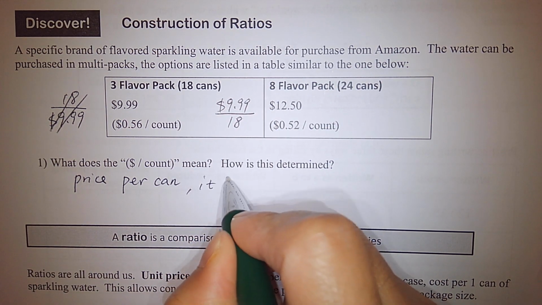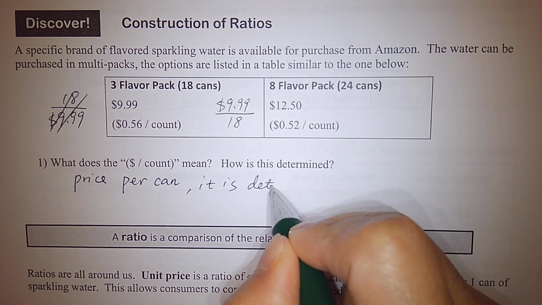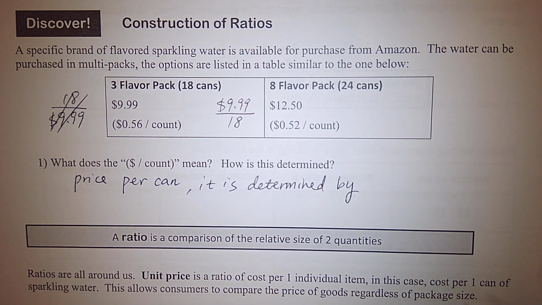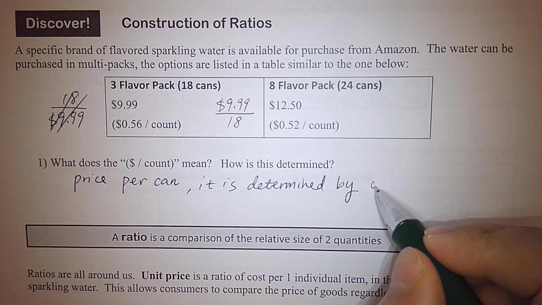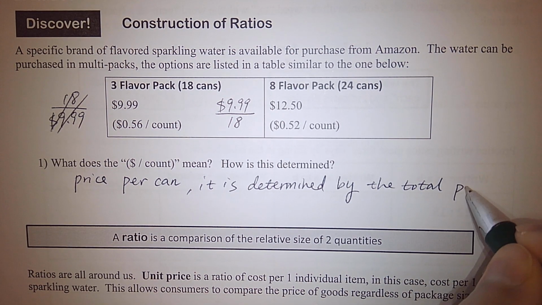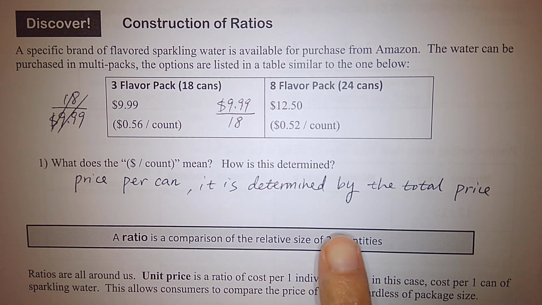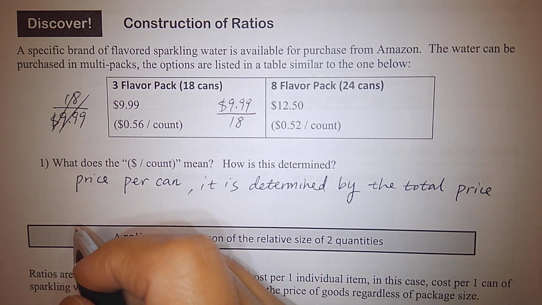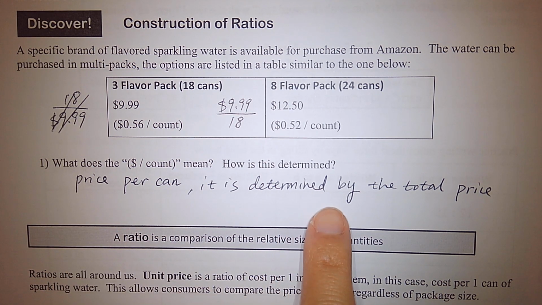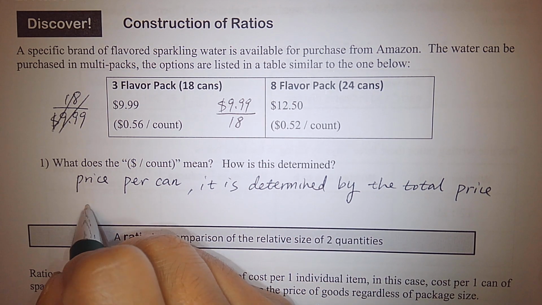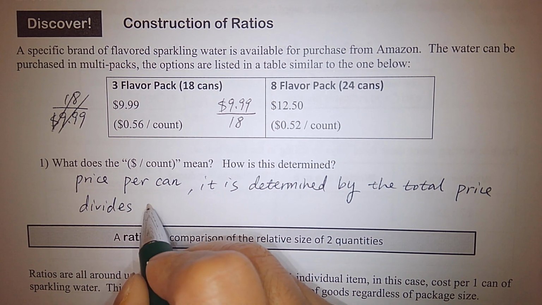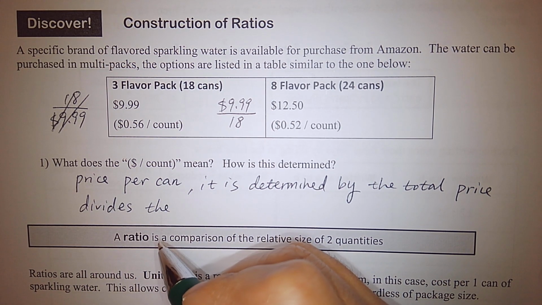It is determined by dividing the total price by the number of cans.